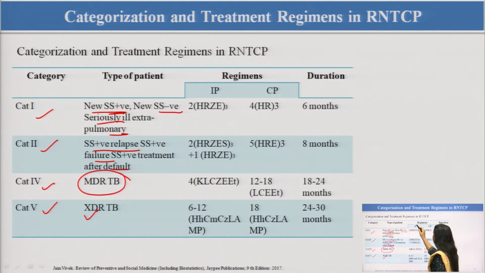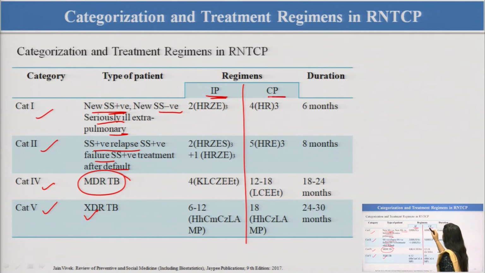There are 2 phases here, one is the intensive phase and the other is the continuation phase. The intensive phase is of shorter duration, and the continuation phase means whatever time period is required after that, we will complete in the continuation. How much duration is there, we can see. For new patients the duration is 6 months, with the intensive phase for 2 months.